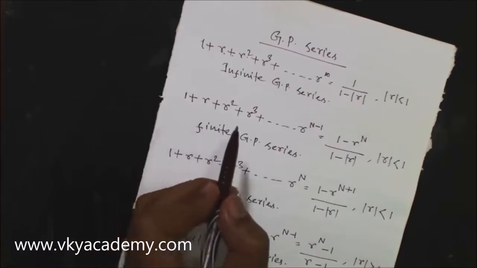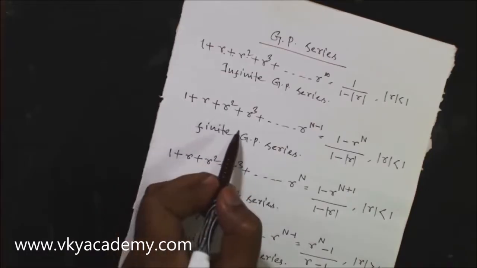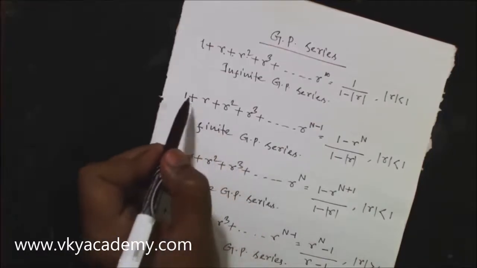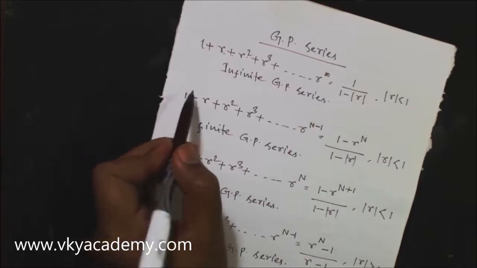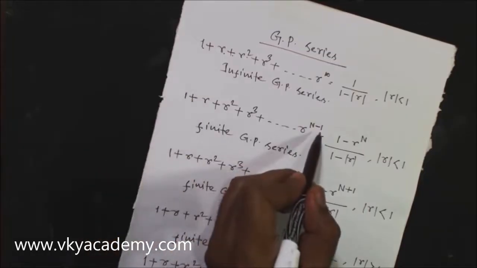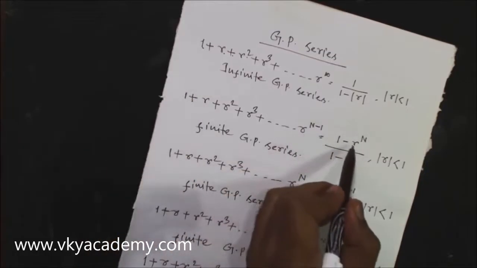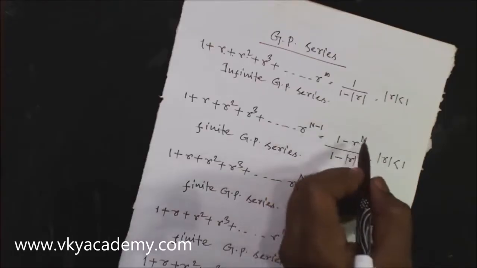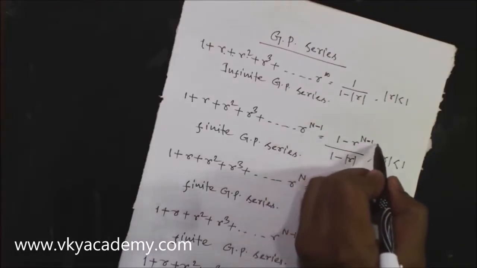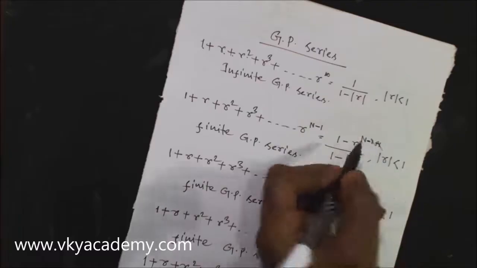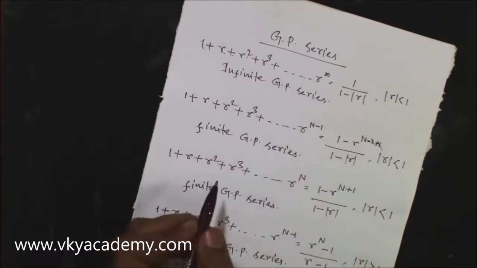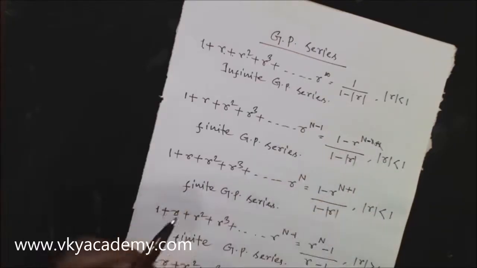The second one is the GP series for finite duration, starting from r to the power 0 to r to the power n minus 1, and it will be 1 minus r to the power n divided by 1 minus r, provided mod r is less than 1.